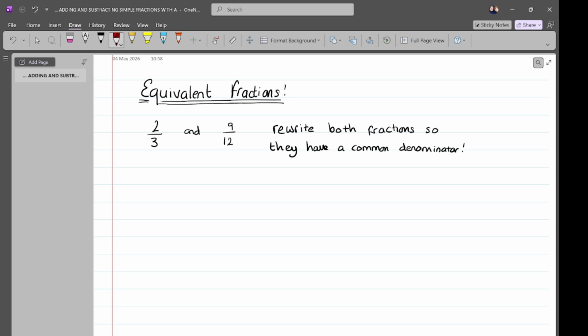Because I've chosen 12, it means I don't have to rewrite this fraction at all. I can leave it alone. But on the 2/3, all I have to remember is to times this by 4, which will give me 12 at the bottom. And times the top by 4 as well, because remember, what I do to the top, I must do to the bottom and vice versa. So we have 8/12 and 9/12.